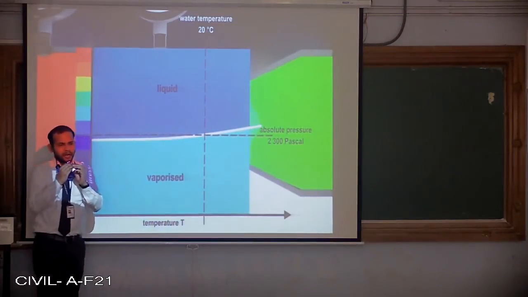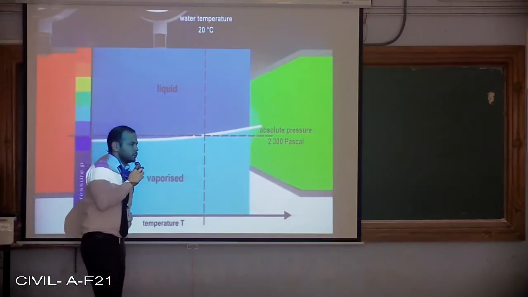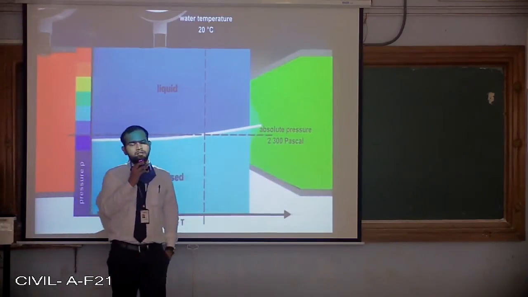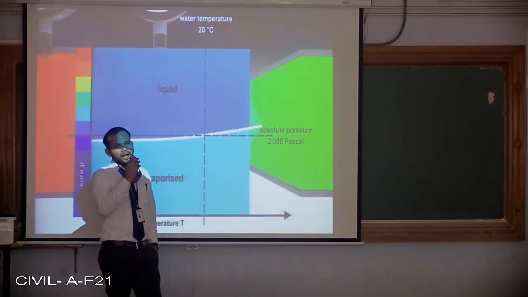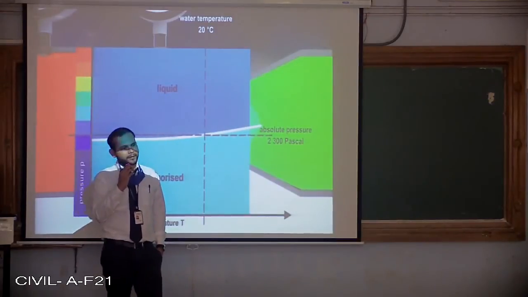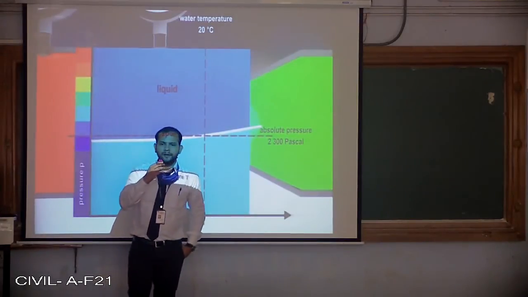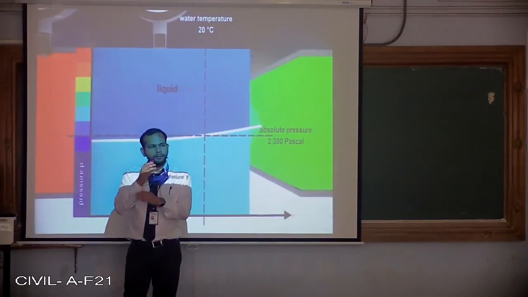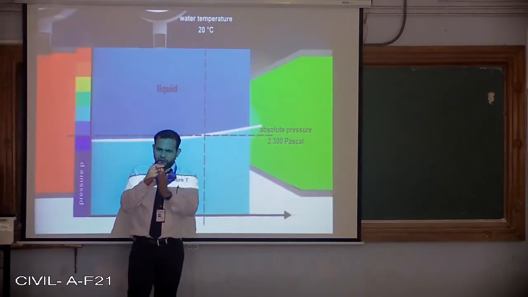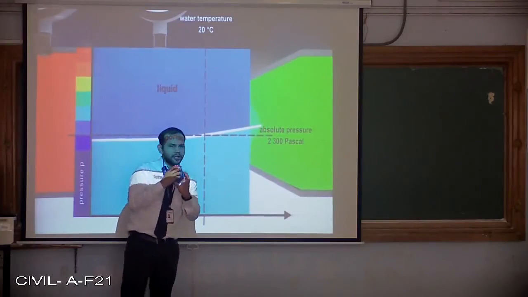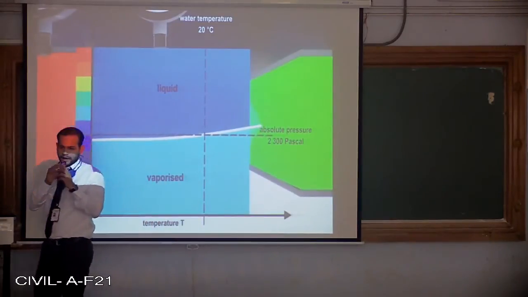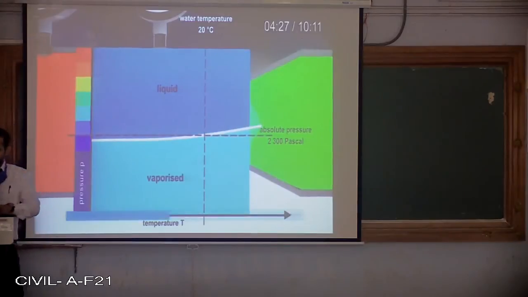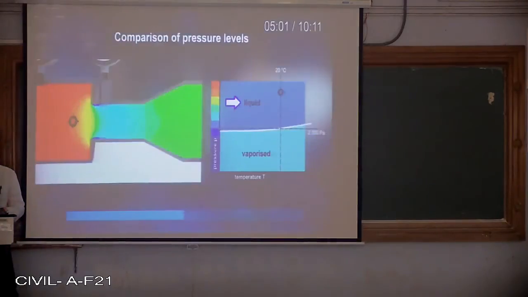But at this point of time, what you have to understand here is the concept of cavitation, and the basics for that are the vapor pressure, the phase of the water, and under what temperature and under what pressure. If you know these basics, it is more than enough to explain cavitation.